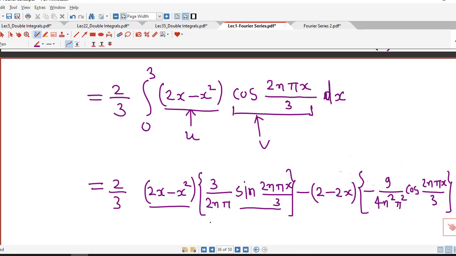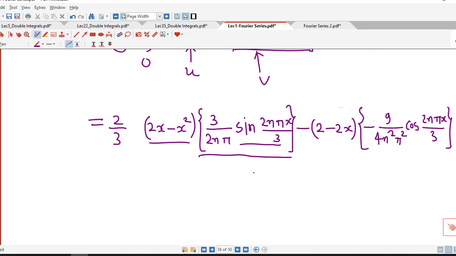So this is the integral of this second bracket. Now we consider positive sign. We are writing alternately positive and negative: first positive sign, then negative sign, then positive sign.